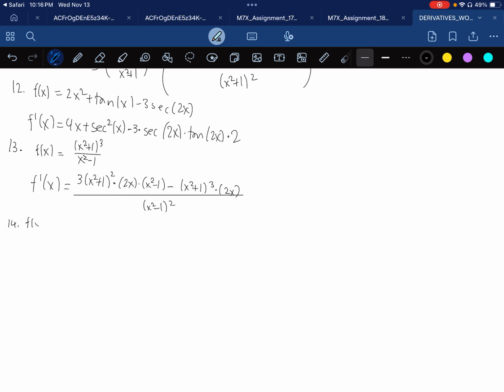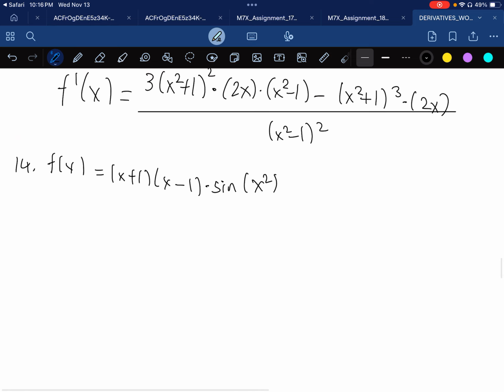We have that f of x is equal to x plus 1 times x minus 1 times sine of x squared. Multiple ways to do this one. One way that's acceptable is just to combine the difference of squares and just use one product rule. Or we can use the product rule when we have more complicated, longer expressions.